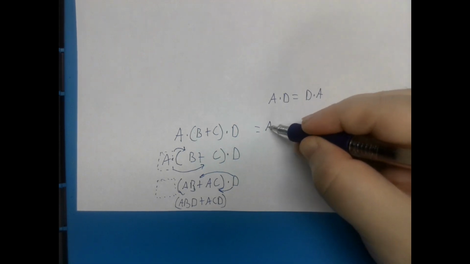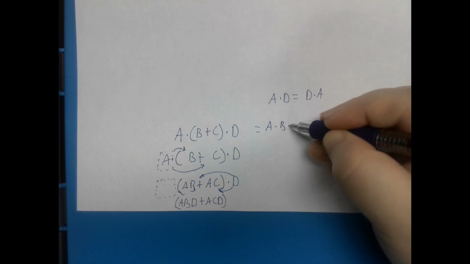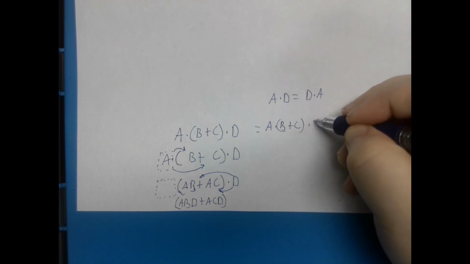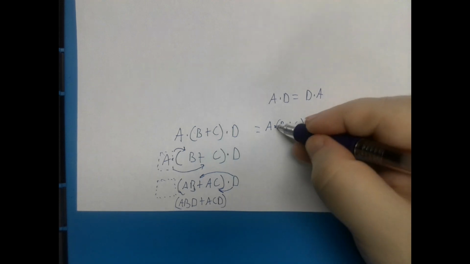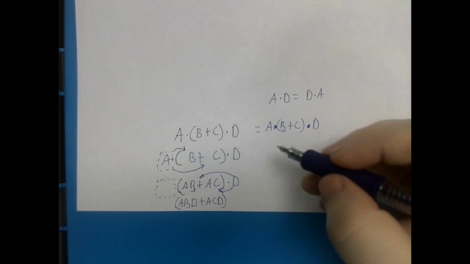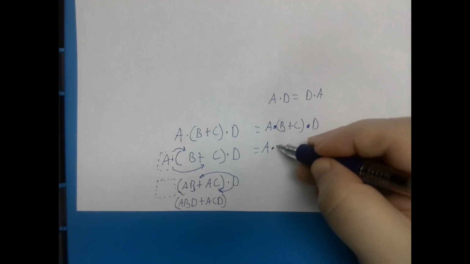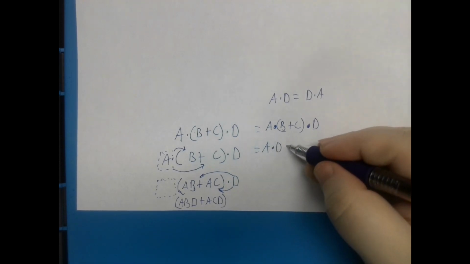So A times B plus C times D, we can flip the order of these multiplications. So let's let A and D be first.